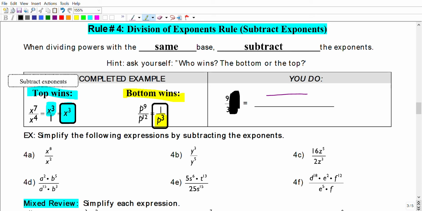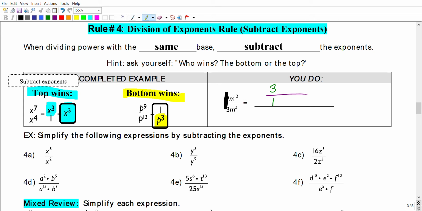Well, 9 divided by 3 is 3. And that 3, where do you think it goes? You think it goes on the top or the bottom? Well, it goes on the top, because which one was larger, the 9 or the 3? Which one wins? The top wins. So that one goes in the top, and then because the bottom one was the loser, I'm going to put a 1 there.